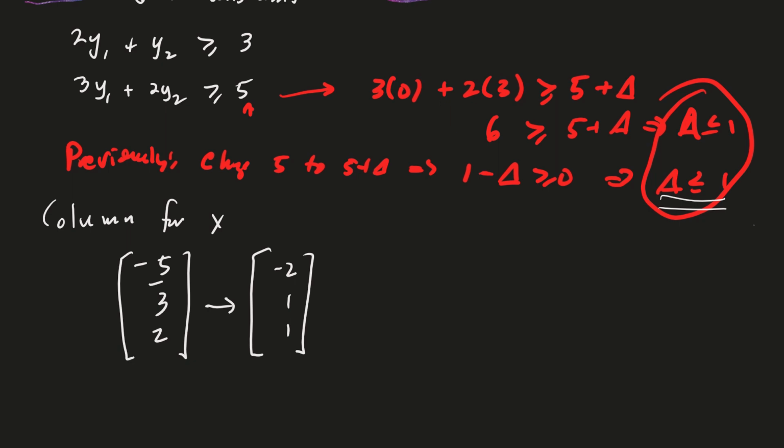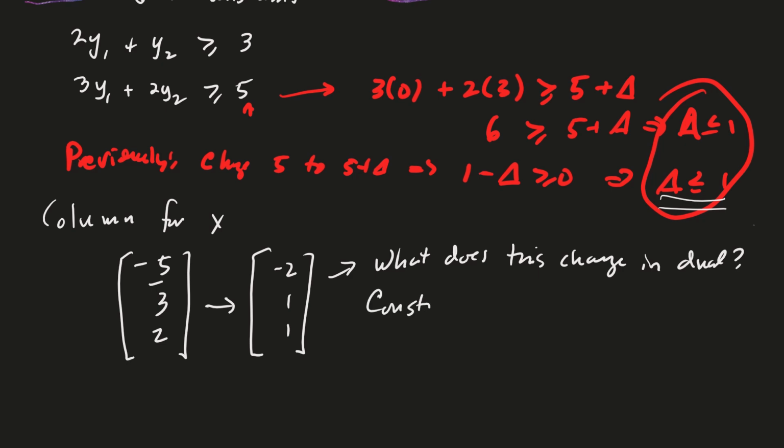One way to think about it is, what does this change in the dual? Because all it really does is change our constraint, right? So the constraint changes to what?